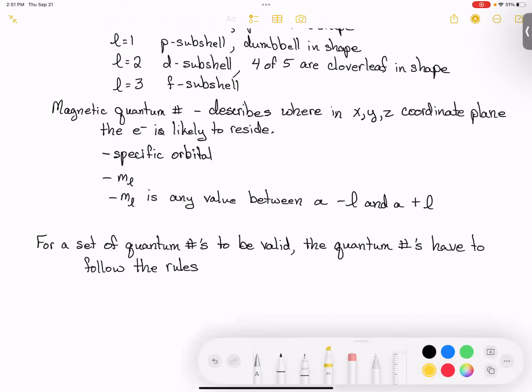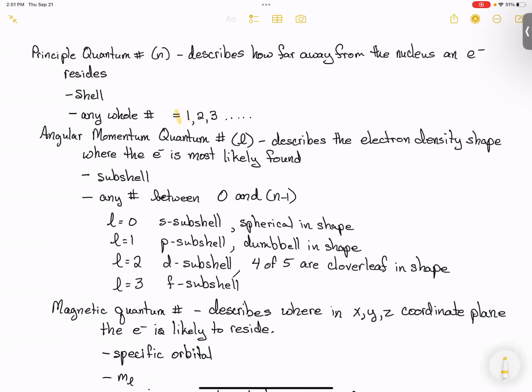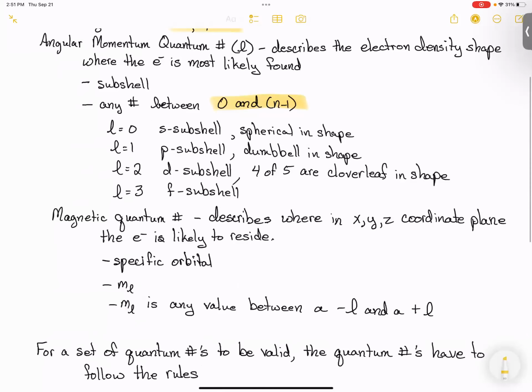And what I mean by that is, again, N has to be a whole number. L has to be between 0 and N minus 1. And M sub L has to be between negative L and a plus L. If it doesn't follow the rules, then it's not valid.